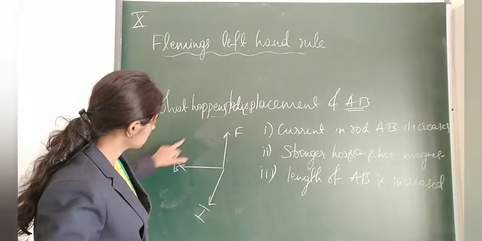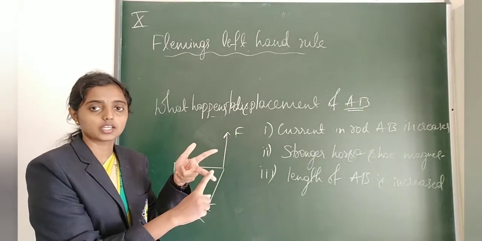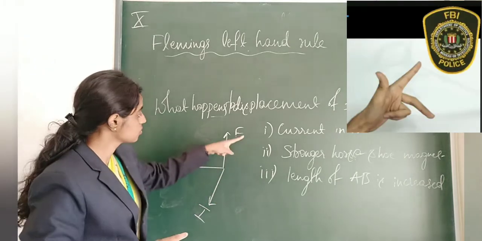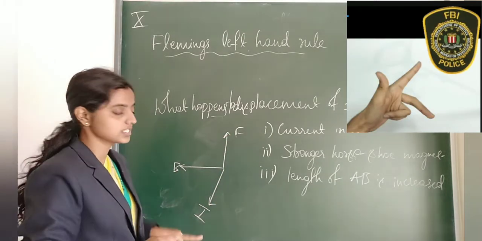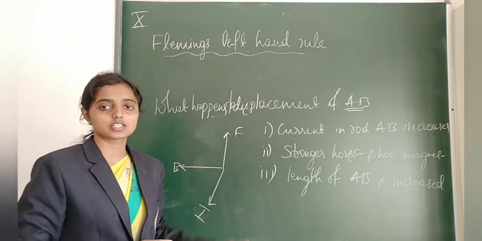Use a technique to remember: FBI, FBI police. F is force, B is magnetic field, and I is current. You should explain the properties of each finger, then state the rule.